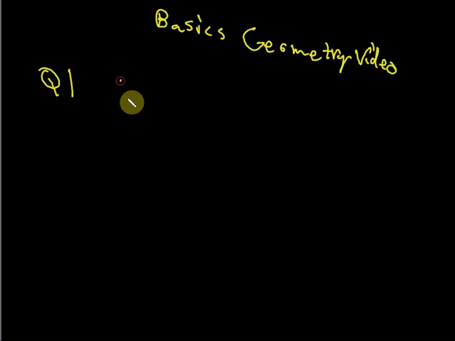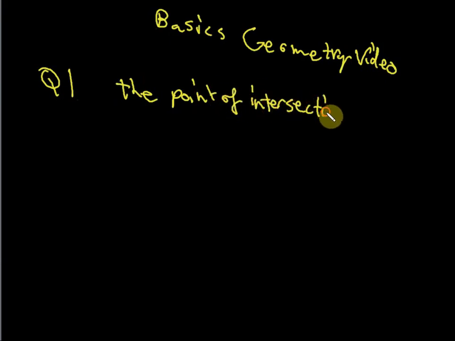What do we call the point of intersection of two rays? And I'm not going to make it multiple choice because with multiple choice you really don't learn a whole lot. I'm going to let you think of it.